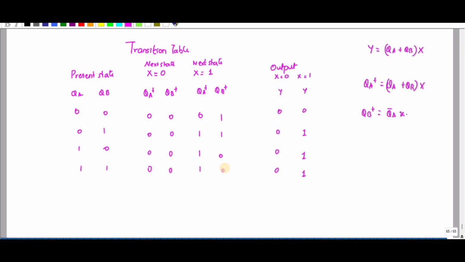So I'm going to assign the state values. I assign A equal to 0 0, B equal to 0 1, C equal to 1 0, and D equal to 1 1.